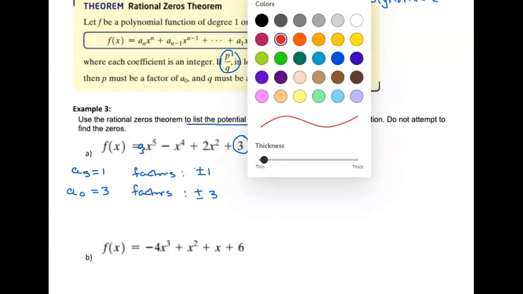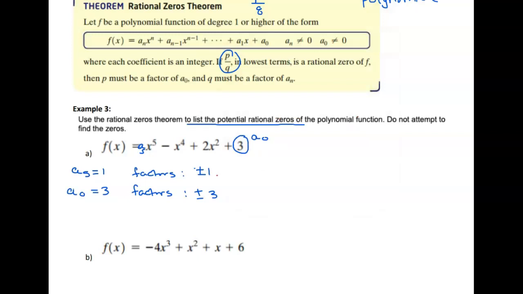The factors of a0 are called p, and the factors of a5 are called q. Let me erase this. p must be a factor of a0, and q must be a factor of an.